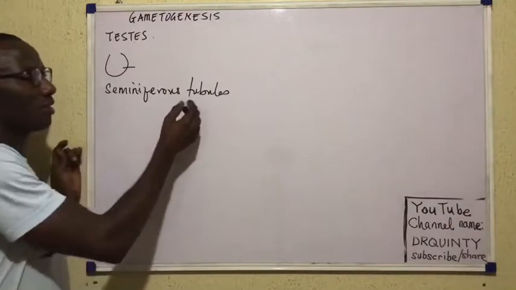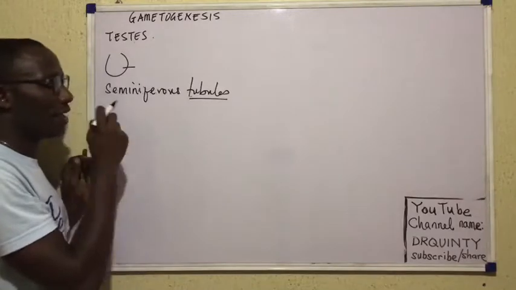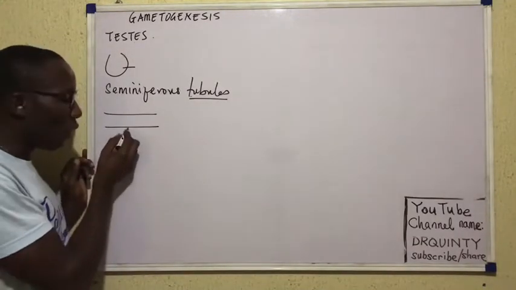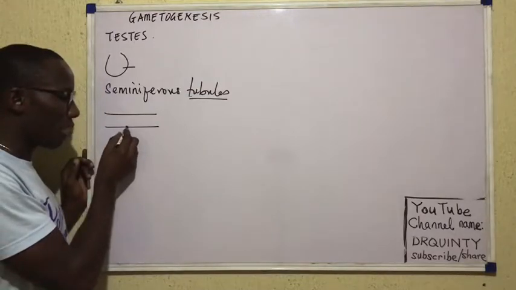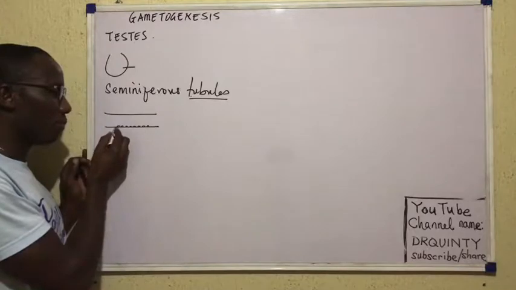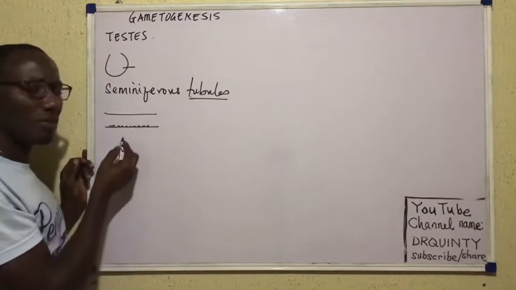And of course, as this part of the name suggests, the tubule is truly like a tube. Now, on the wall of this tube, we have the primordial germ cells. So we call it the germinal epithelium of the seminiferous tubule.